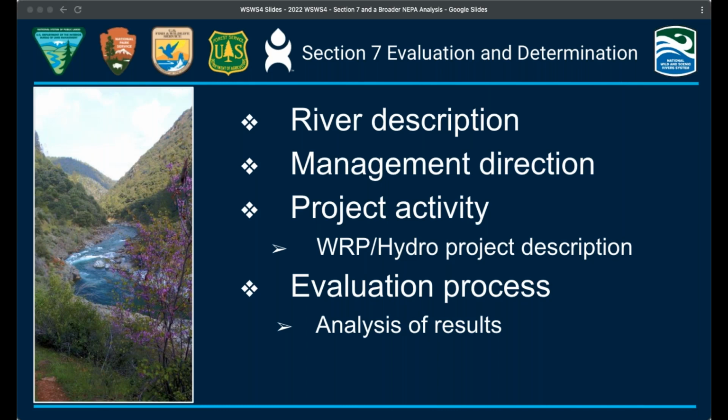A section 7 determination is adequate when it includes all the relevant facts, makes a reasoned and thoughtful analysis, and reaches a well-supported conclusion. The ultimate outcome of a section 7 determination is that any approved water resources project will ensure that the wild and scenic river is protected and its river values are preserved into the future.